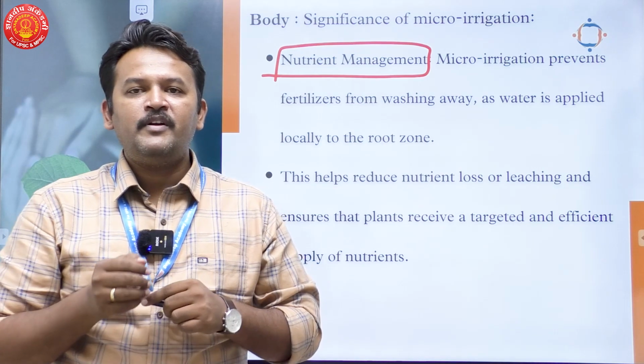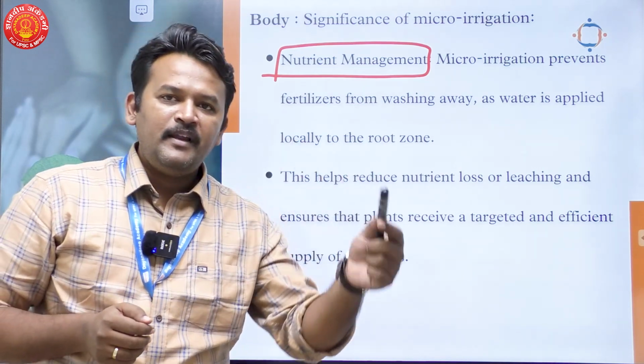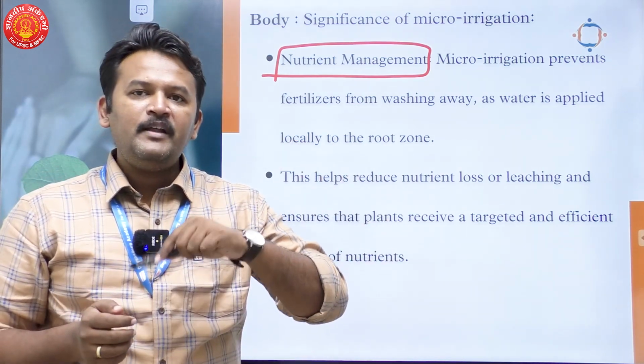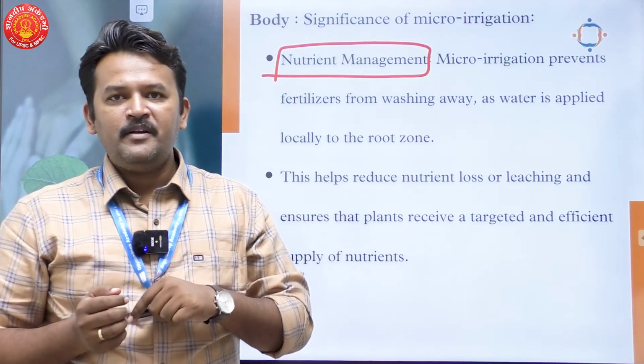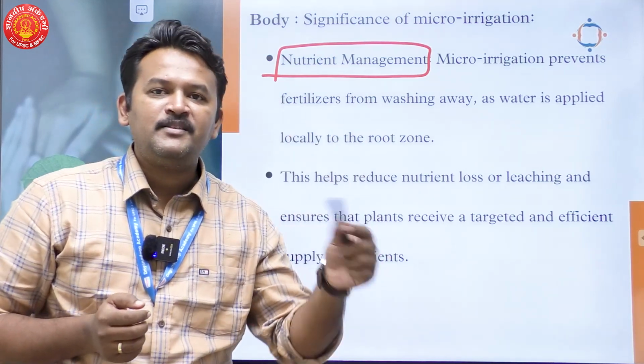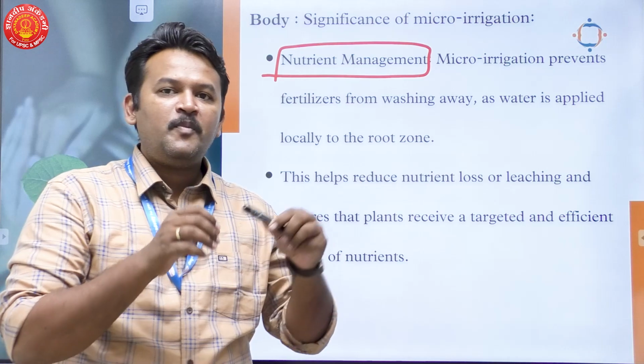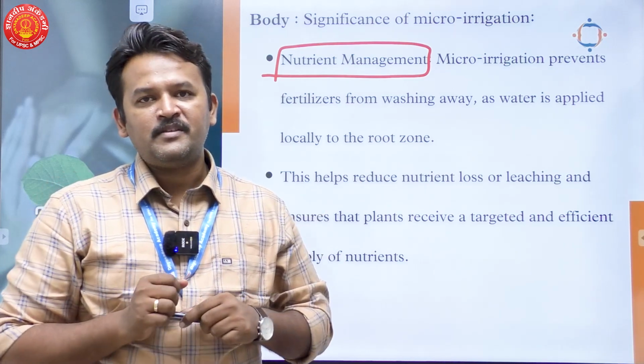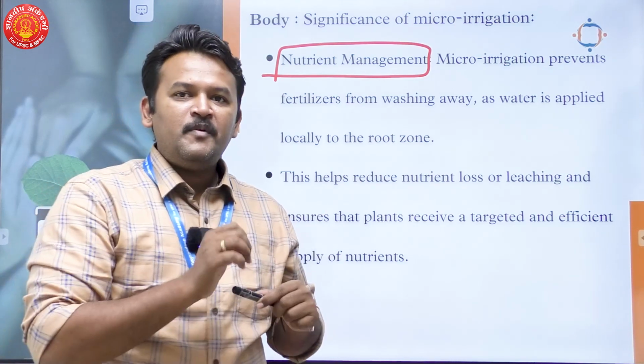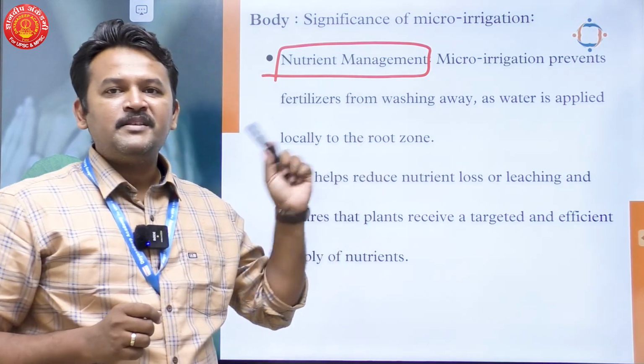Reduction in fertilizer consumption will indirectly benefit the environment, the soil management, and the farmer as well. And this is possible only through micro irrigation systems.